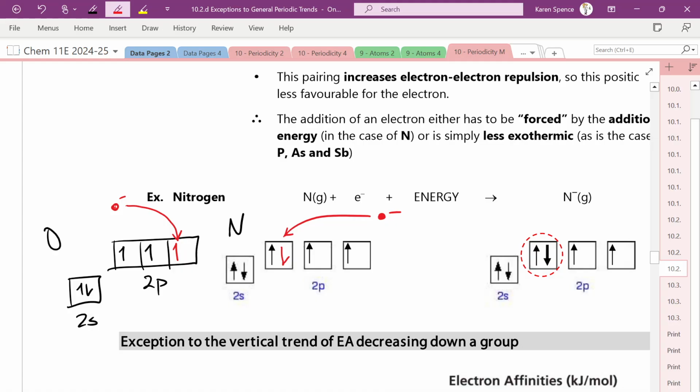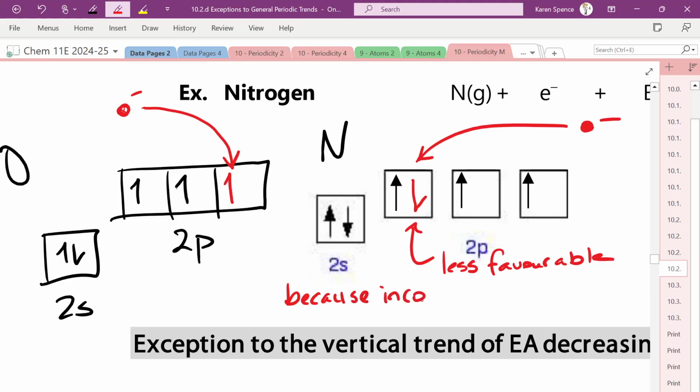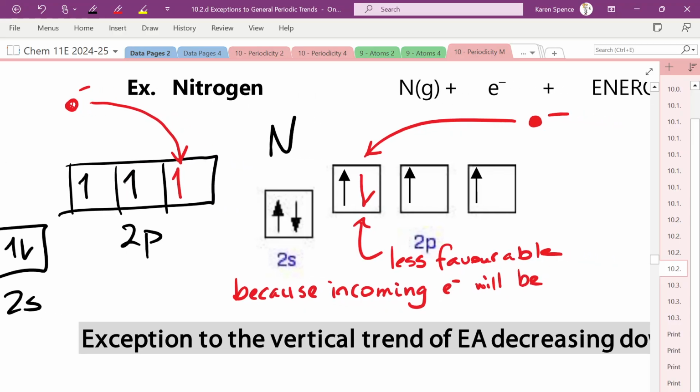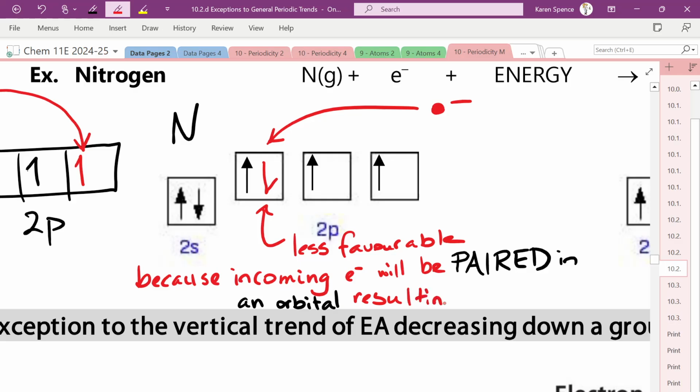Why is nitrogen's less favorable? So it'll be paired in an orbital, resulting in more what? Electron-electron repulsion.